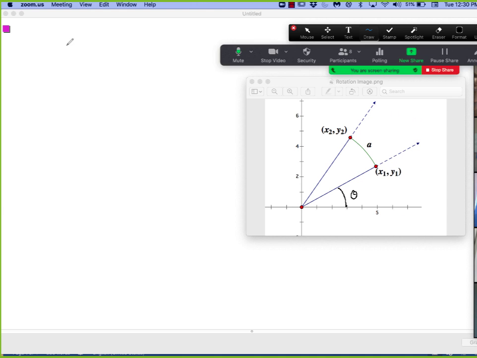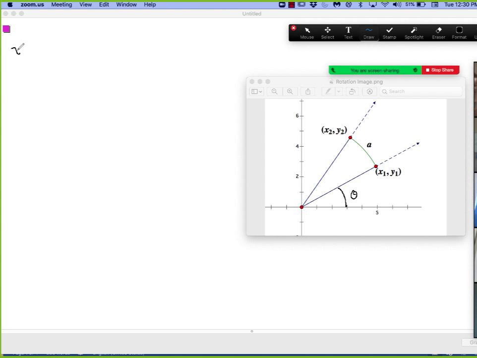And what did we say? We said x2 is radius times cosine of, I'm calling it A now, so A plus theta. And then y2 equals r times sine of A plus theta.